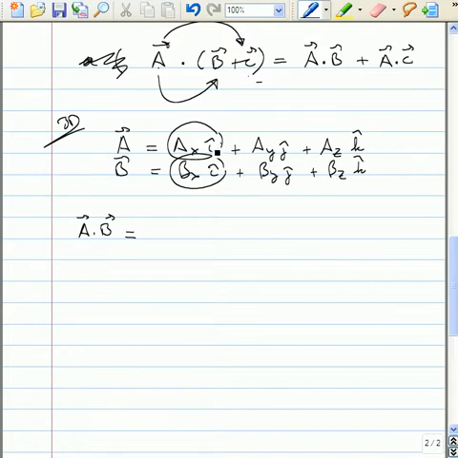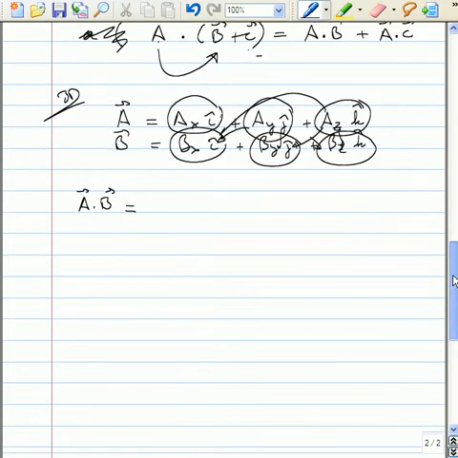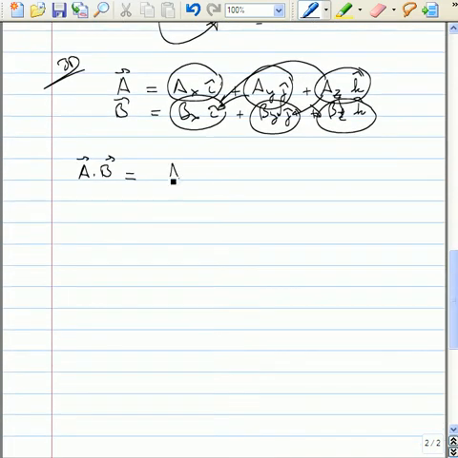Then you're going to add the dot product of the first term of A dot the second component of B. And then you're going to add the dot product between the first component of A dot the last component of B. And then you're going to jump to the second component of A, dotting the first one, the second one, the third one, and so on. The last one dotting the first one, second one, third one. So if you're working in 3D, you should have 9 terms. And if you're working in 2D, you should have 4 terms.